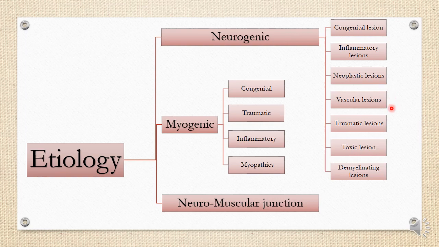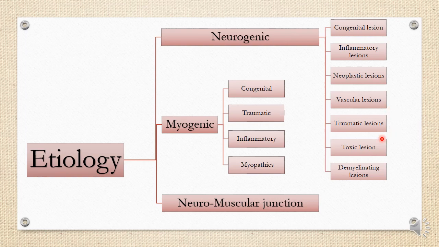A nerve can be compressed because of a vascular lesion, and we all know that the moment there is compression on a nerve, it will not function properly and could lead to paralysis of that nerve. So if any nerve supplying the extraocular muscle gets compressed because of a vascular lesion, that could also lead to a paralytic squint.